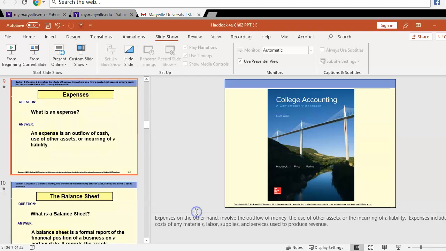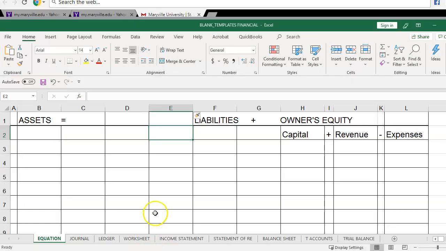Now let's take a look at the accounting equation that says assets equal liabilities plus owner's equity. What you would do is list the different types of assets involved in your business transaction. So if an asset involved cash, you will have a cash account listed up under assets.